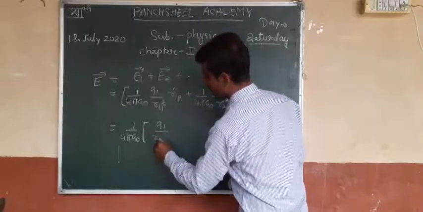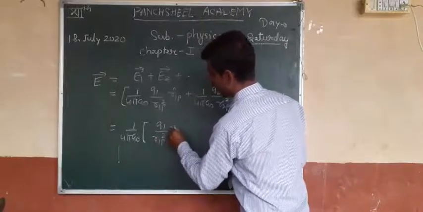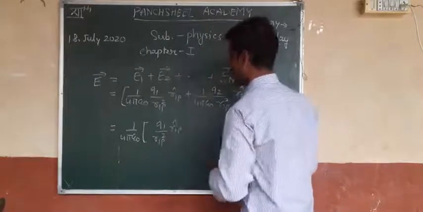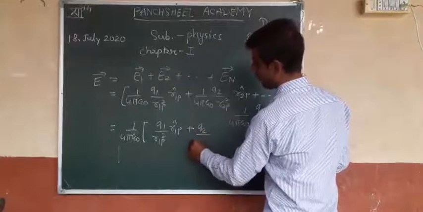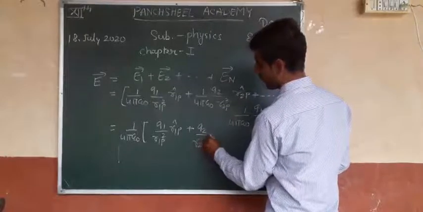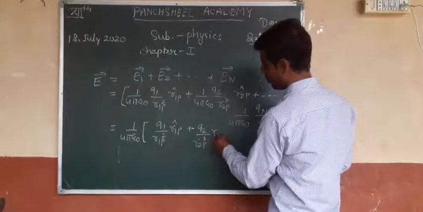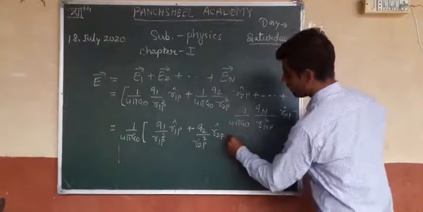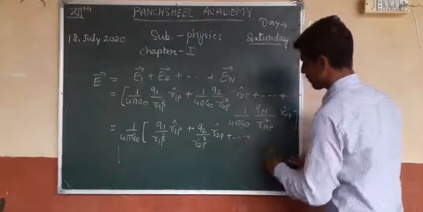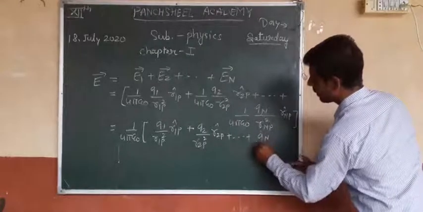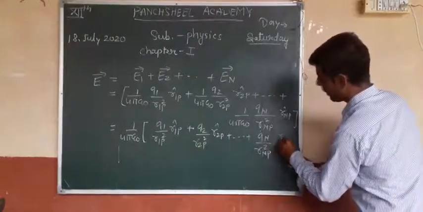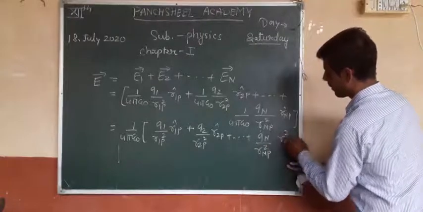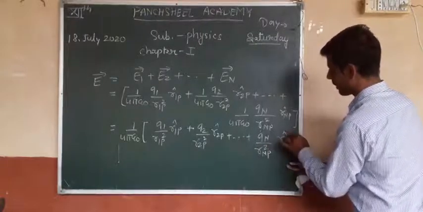Q1 upon R1P square R1P vector plus Q2 upon R2P square R2P vector plus this plus Qn upon RnP square RnP vectors.